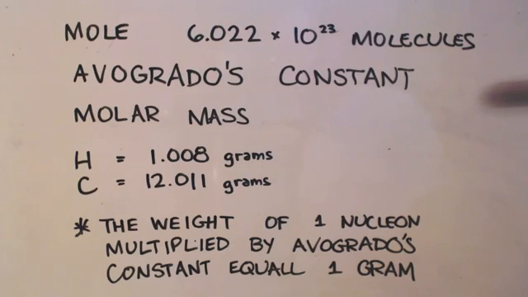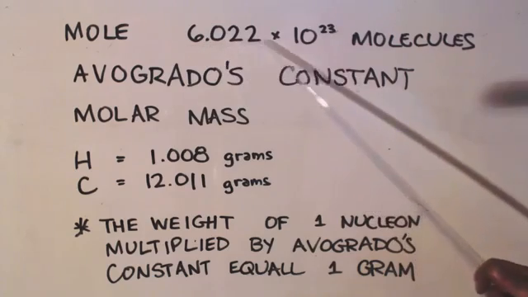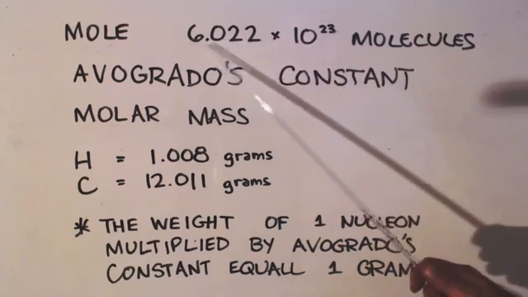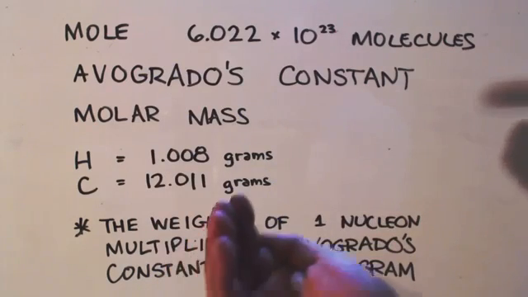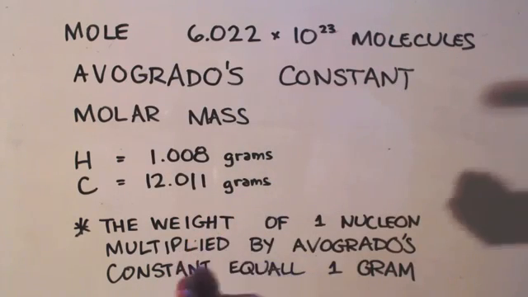So that means if I hold a proton or a neutron in my hand and multiply that by Avogadro's number, that's how many protons or neutrons I have in my hand. That means I have a gram of protons in my hand, okay?